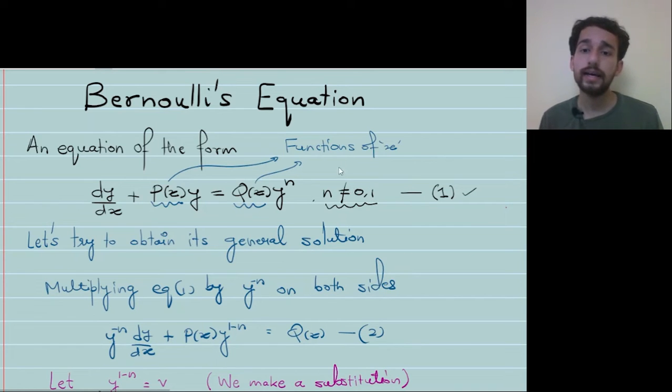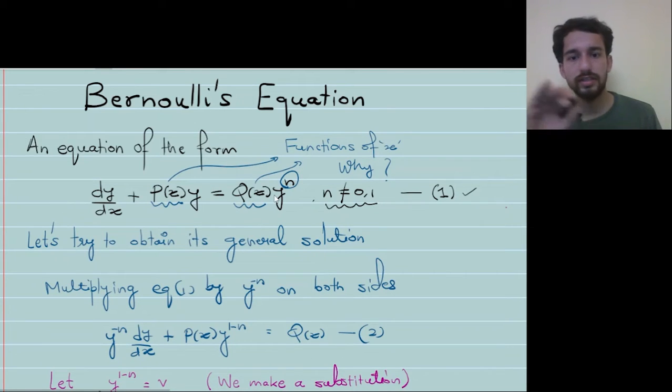Why? Try to think why I have restricted my n to be not equal to 0 or 1. I'll give you a hint and you try to answer me in the comment box: if we choose n to be 0, then this exponent will vanish, this y to the power n will not be there.